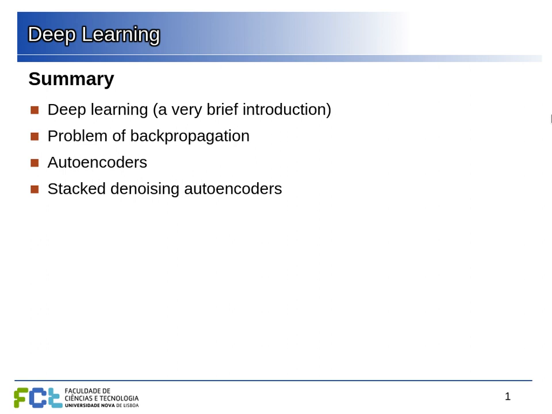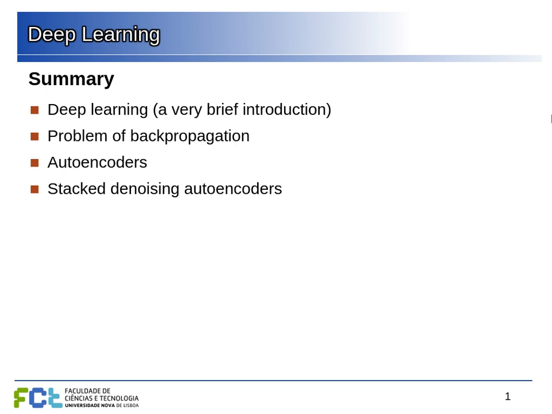So basically we're going to see what is deep learning, why it could be an advantage, and the problem with backpropagation if we use the standard types of activation functions that we saw when we saw the neural networks part. Then we're going to look at autoencoders, which was one of the first solutions found to try to train deeper networks, but which are also interesting because of the way they can be used in unsupervised learning.